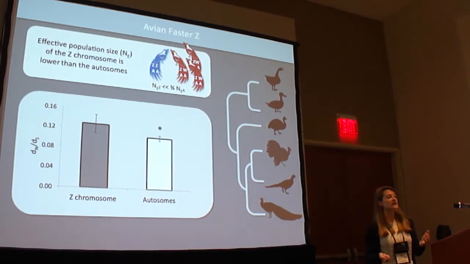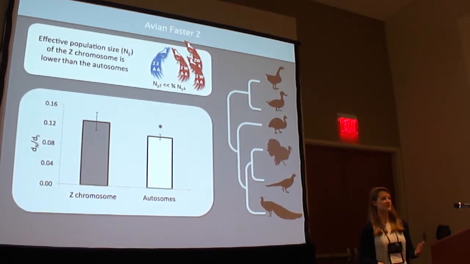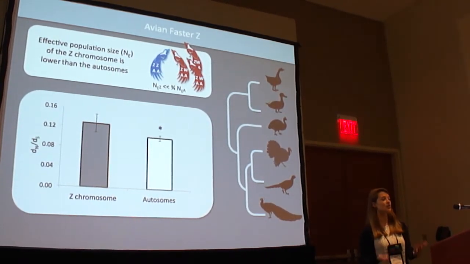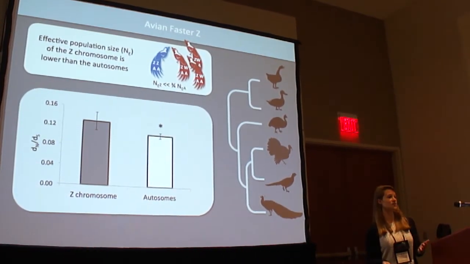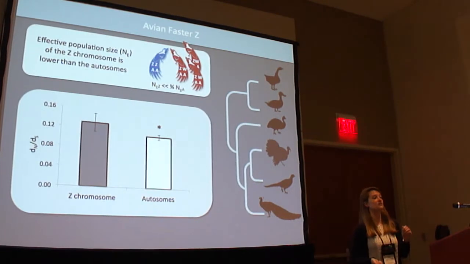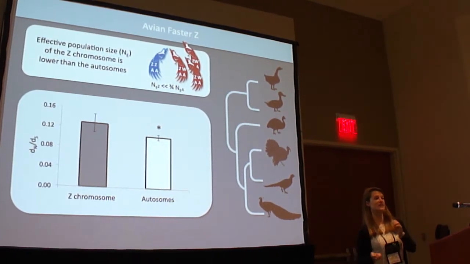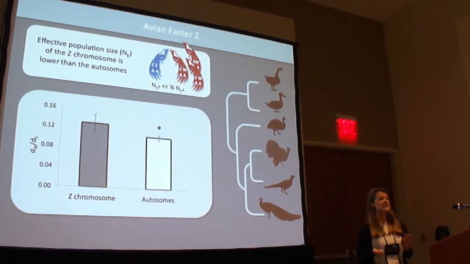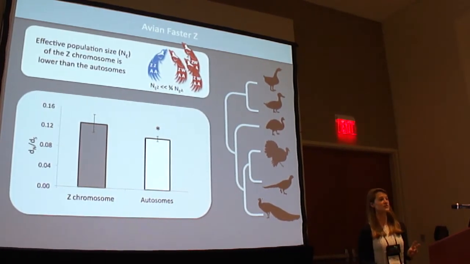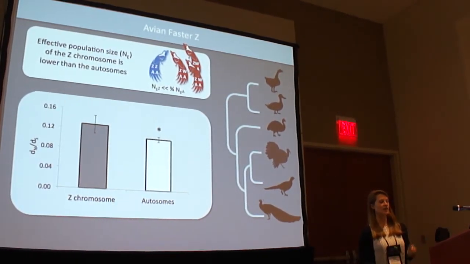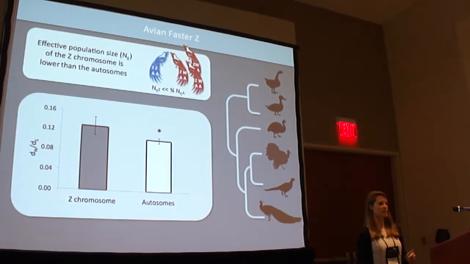So under increasing skew in male reproductive success, so increasing promiscuity and increasing sperm competition, you'd expect drift to act more strongly on the Z chromosome and you would predict a faster fast Z effect. So we can test this directly using these 6 species and those 2 proxies of sperm competition I mentioned earlier, relative testes size and sperm number.